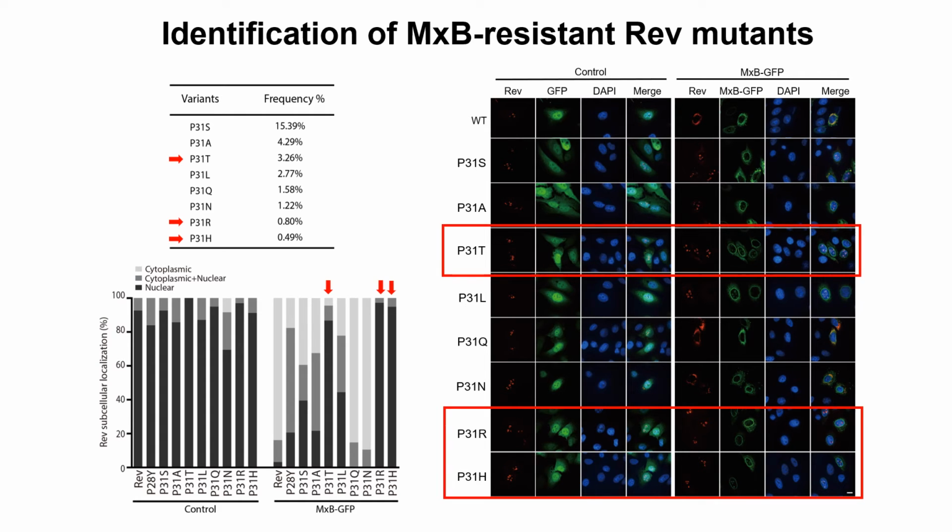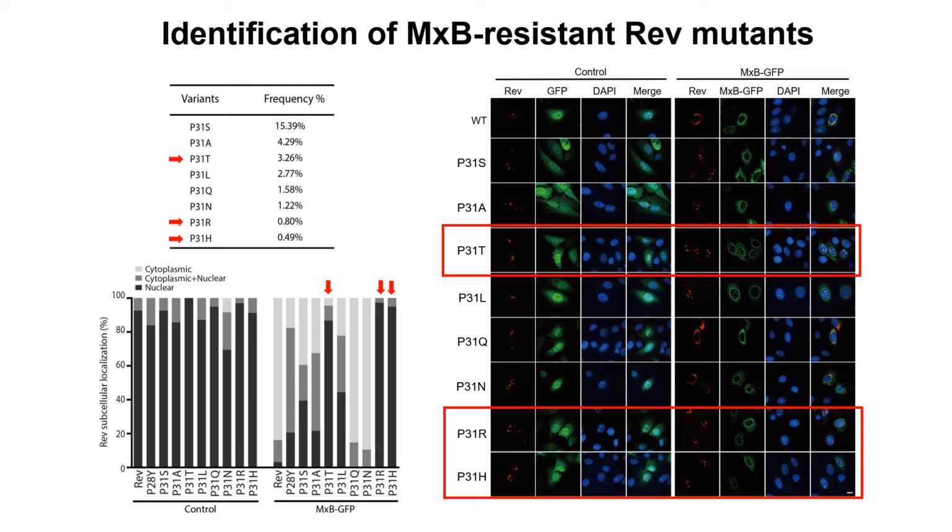We can see that in MxB expressing cells, P31T, P31R, and P31H still localize in the nucleus, thus resistant to MxB inhibition. This result suggests that in HIV strains from patients, there exist Rev variants that resist MxB inhibition of nuclear localization.